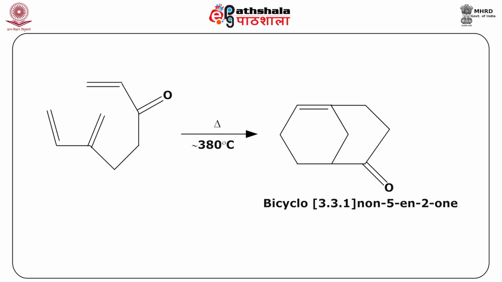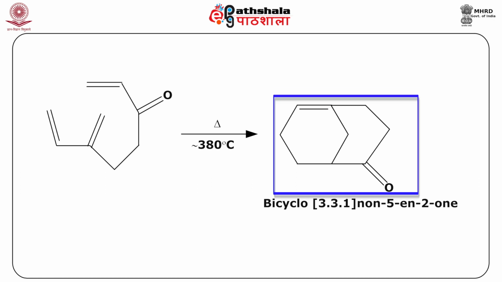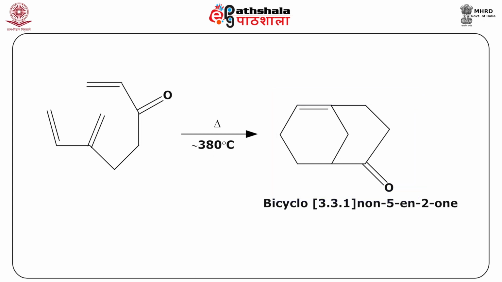The reaction proceeds by simple heating at high temperature or is sometimes catalyzed by a Lewis acid. It leads to the formation of bicyclo[3.3.1]non-5-en-2-one. The reaction is carried out by simple heating at a high temperature, leading to the intramolecular cyclization.